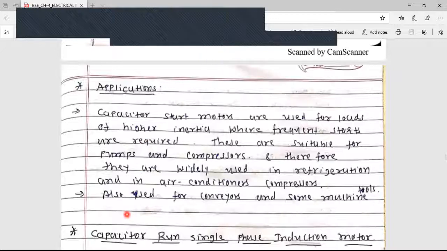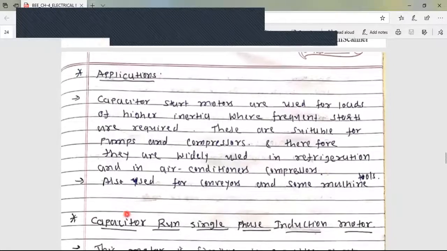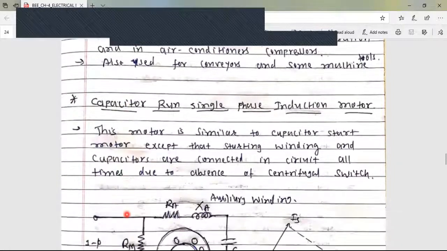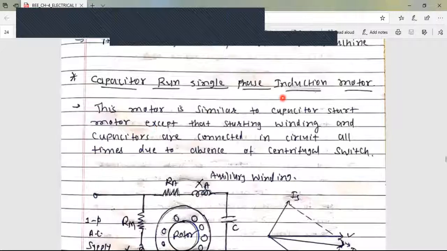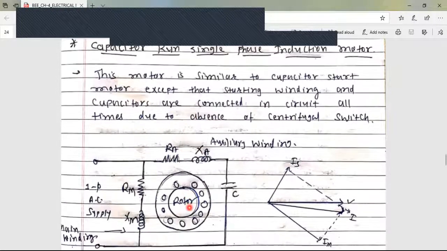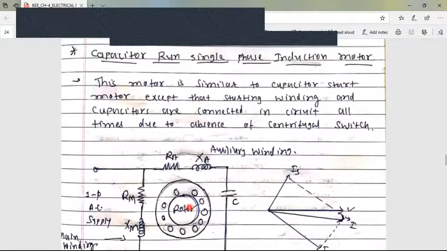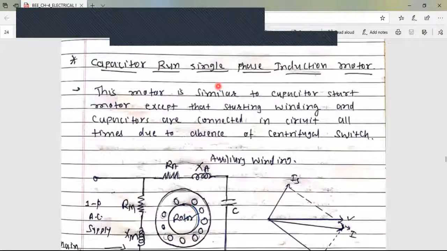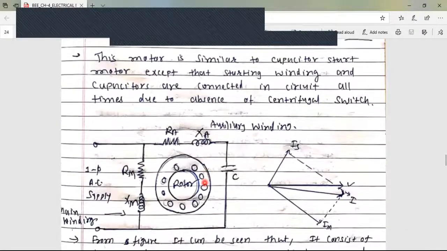Now we will move towards the third type, capacitor run single phase induction motor. First of all, we will see the difference between the capacitor start induction motor and the capacitor run single phase induction motor. See here, construction is the same, but here a centrifugal switch is not used.